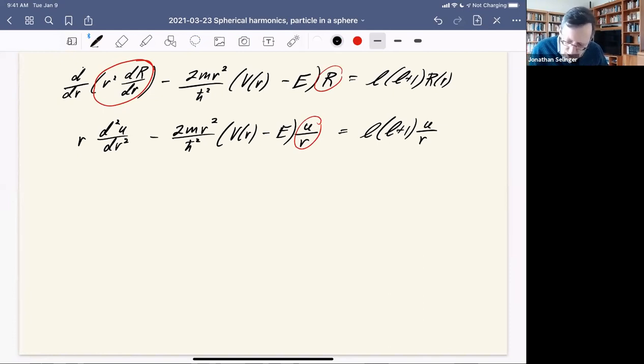And now let's divide every term here by little r.